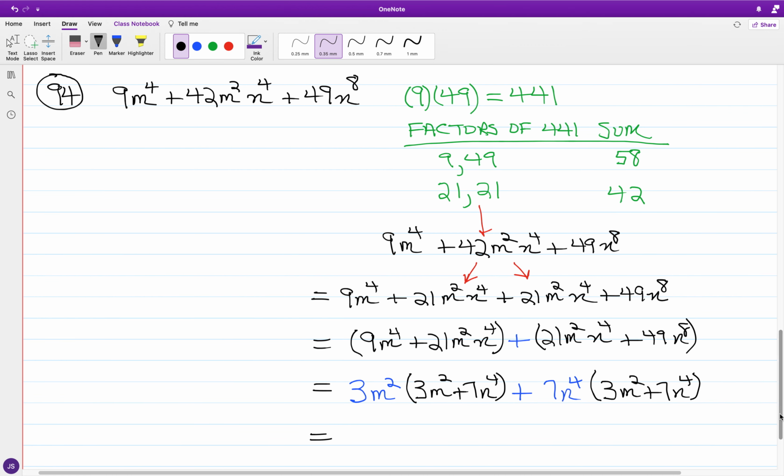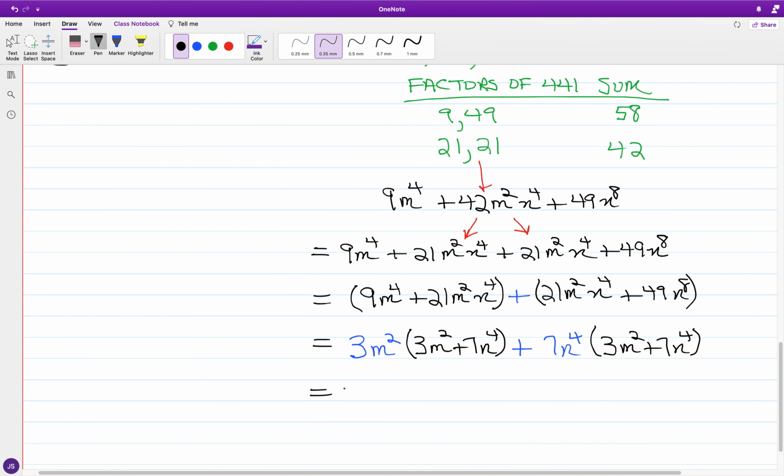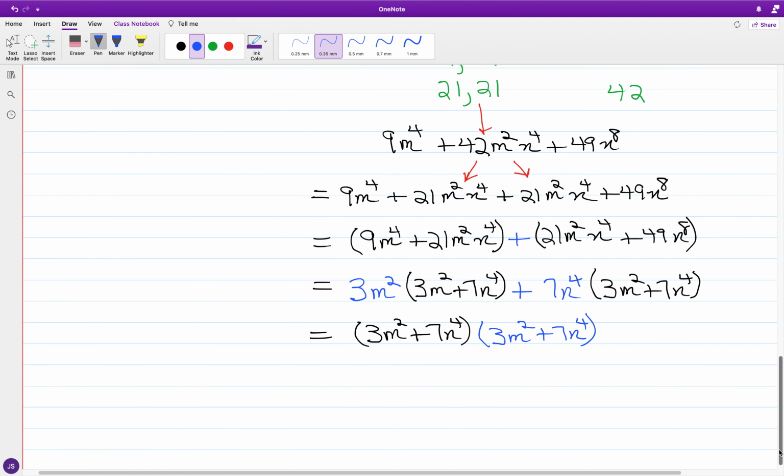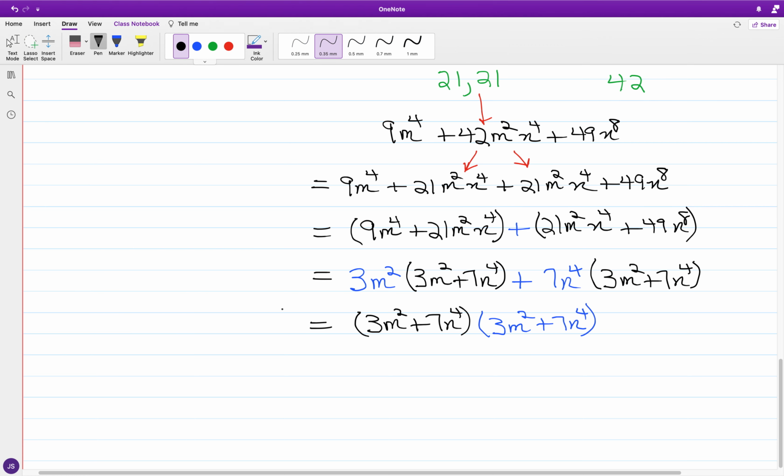Okay, so for that which is already revealed as common to both groups, we have 3m squared plus 7n to the fourth. And combining the outside terms, we have another 3m squared plus 7n to the fourth. Since we have an identity between the factors, we have repetition.